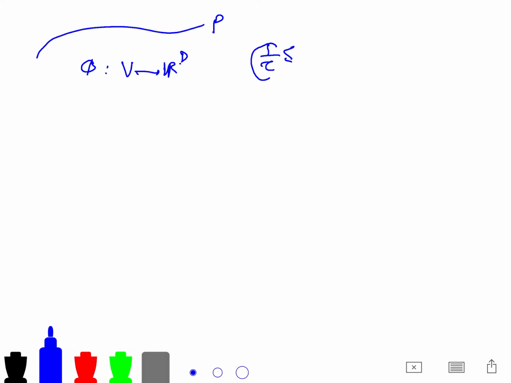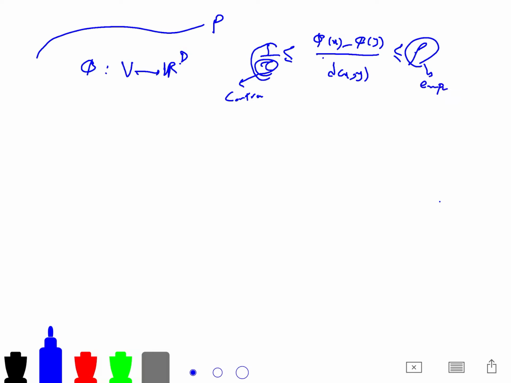This tau is a contraction, and we preserve the distances, so this ratio is not too far from 1. And this is the expansion. And tau and rho could be greater than 1.